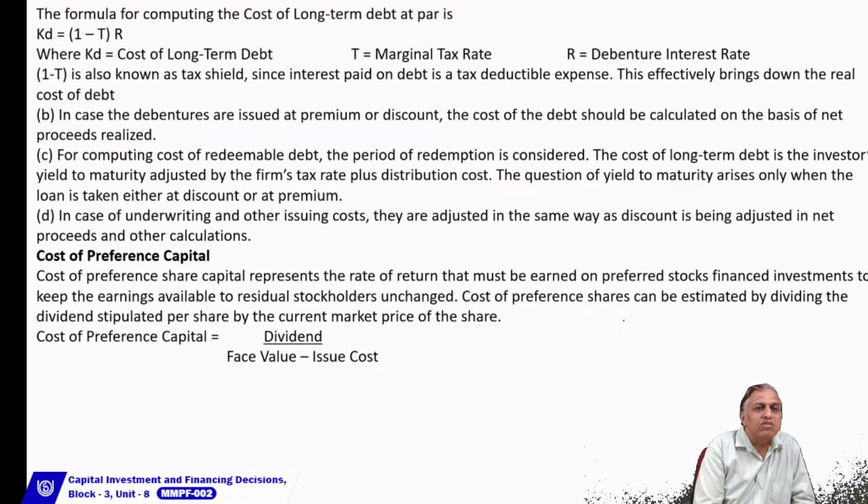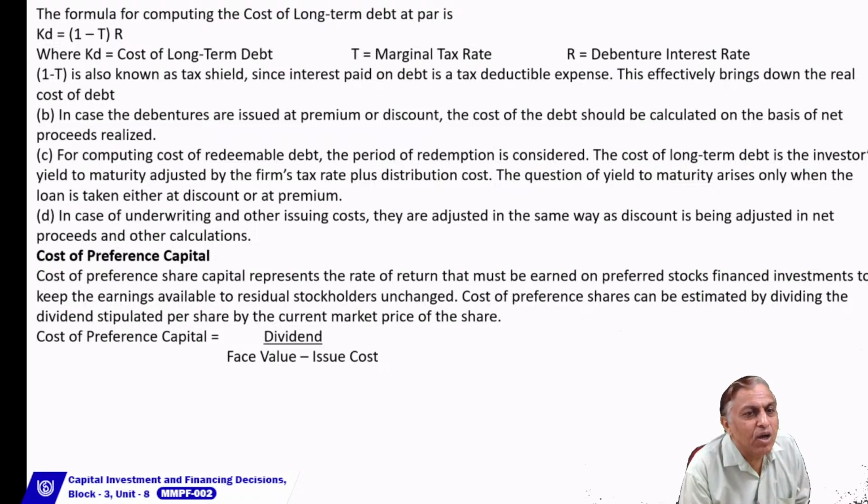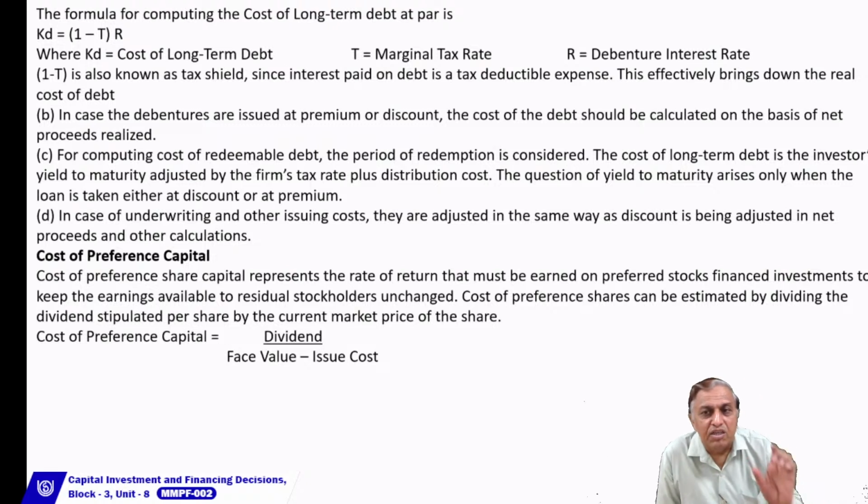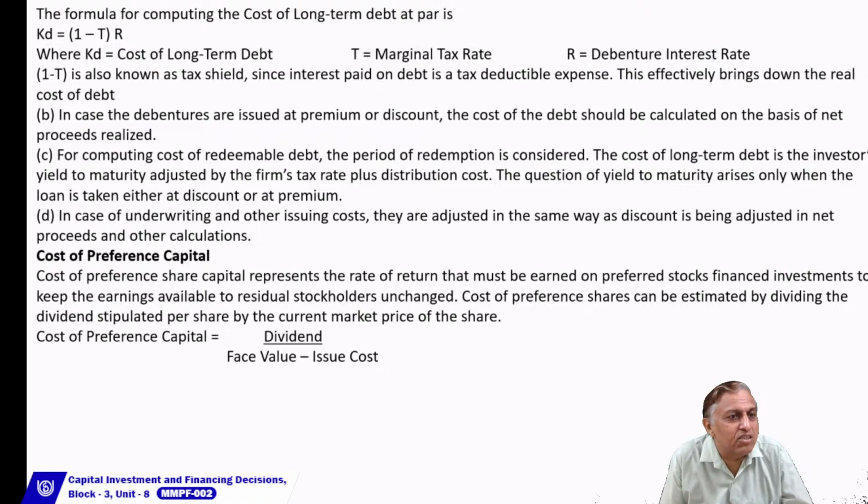In case the debentures are issued at premium or discount, the cost of the debt should be calculated on the basis of net proceeds realized. For computing cost of redeemable debt, the period of redemption is considered. The cost of long-term debt is the investor's yield to maturity adjusted by the firm's tax rate plus distribution cost.